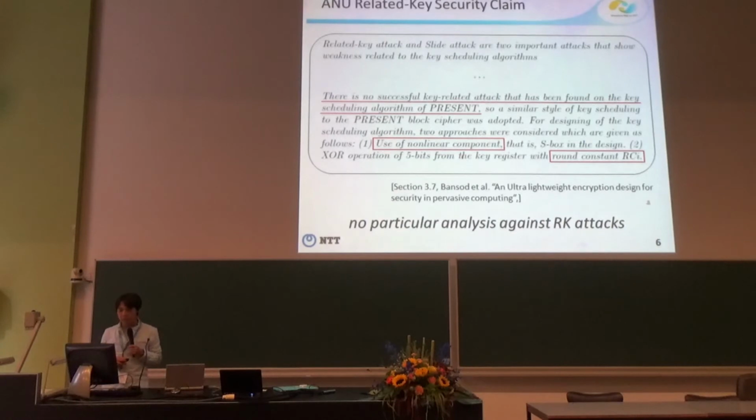They said that there is no successful related-key attack that has been found on the key schedule algorithm of PRESENT. But because the round function is different, it's a bit risky to rely only on this point. And they also said that the use of nonlinear components in the key schedule and XORing round constants have a good effect to increase the security, but unfortunately none of them is directly related to this attack.